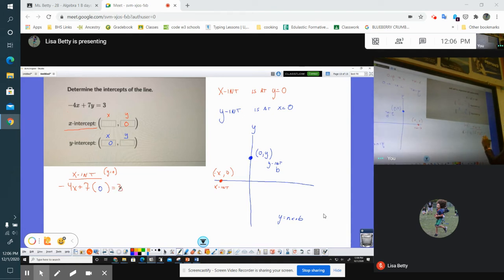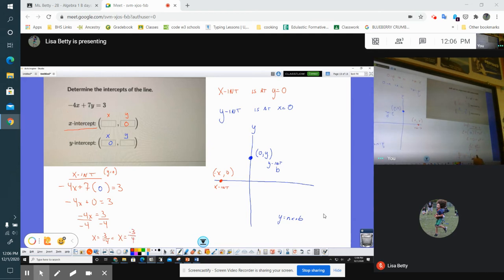And then I'll solve it. So I've got negative 4x plus 0 equals 3, negative 4x equals 3. I'll divide both sides by negative 4, and I'll get x equals 3 over negative 4, which also equals x equals negative 3 over 4.